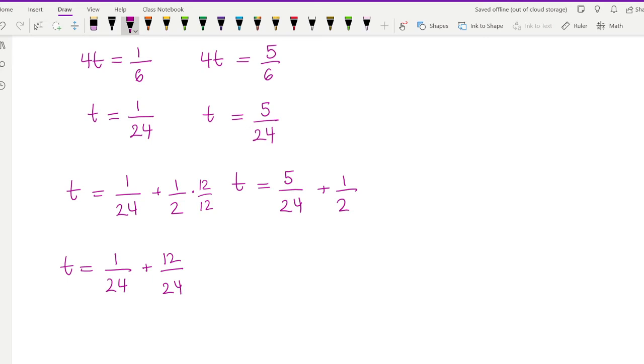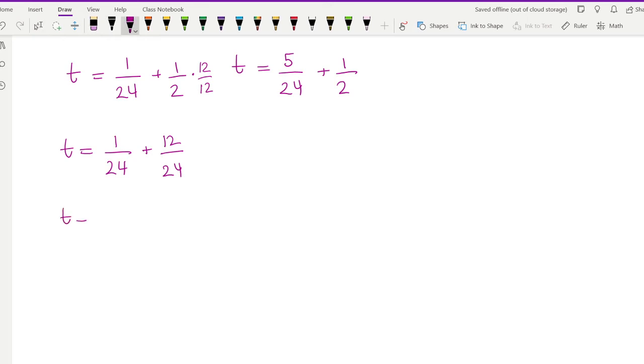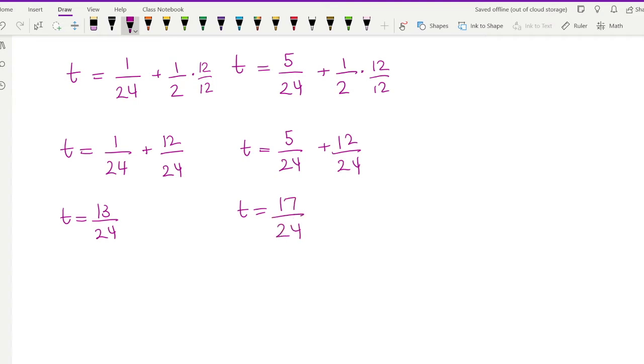So that would be equal to, sorry, my screen is a little stuck, 13/24. And then similarly here, if we multiply this one by 12/12, we'd have t is equal to 5/24 plus 12/24. So that would be 17/24.